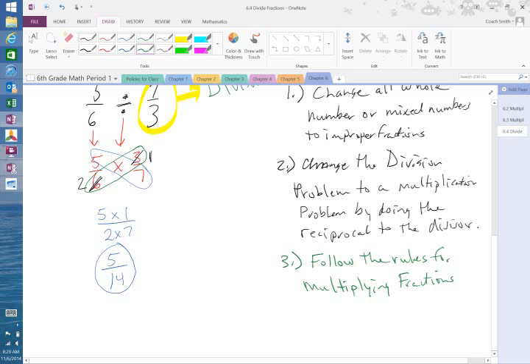Now, I believe all the ones that we're dealing with today are going to be fractions or whole numbers. Division of mixed numbers will come tomorrow. Okay, so these are going to be fairly simplistic, not real hard.